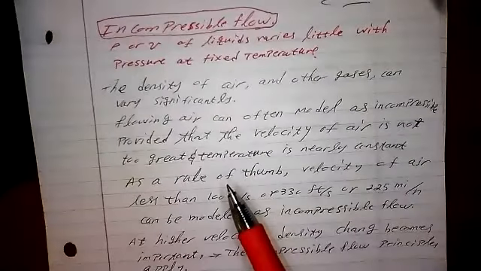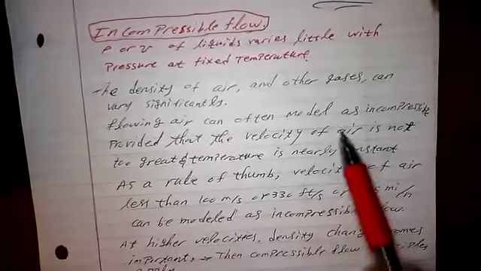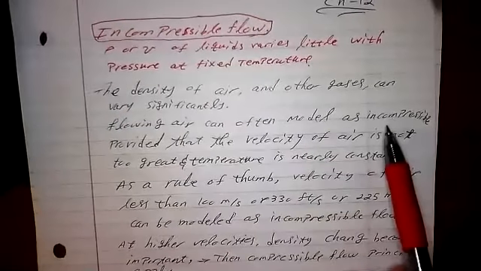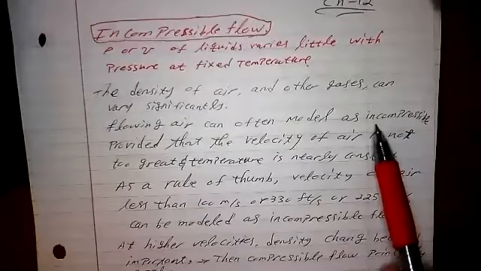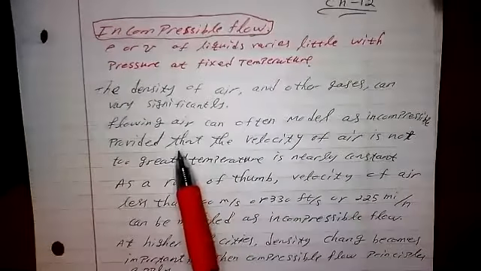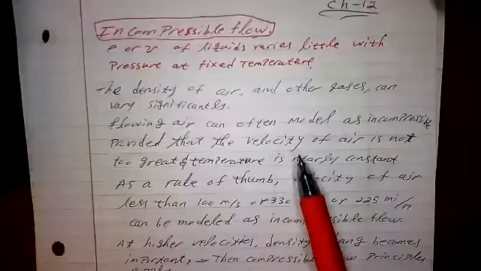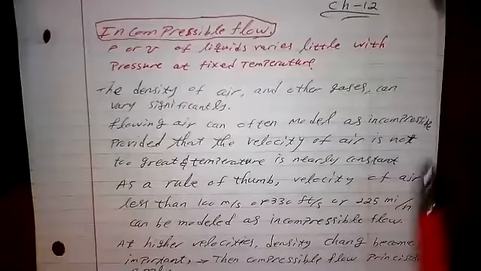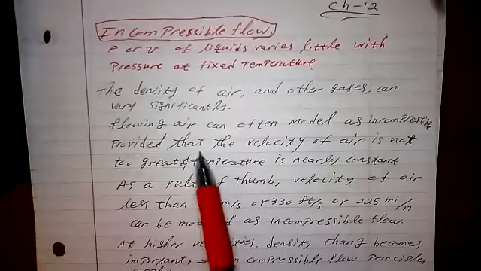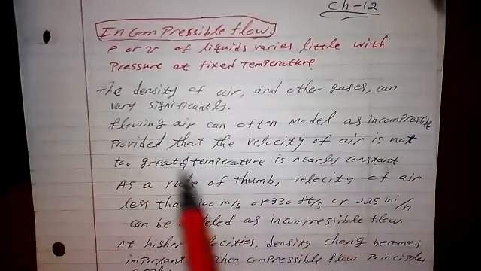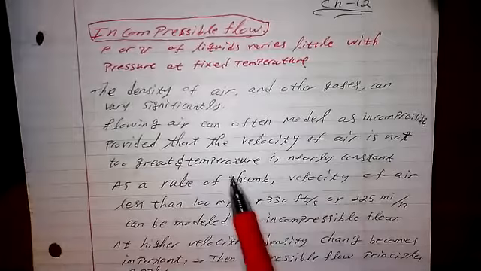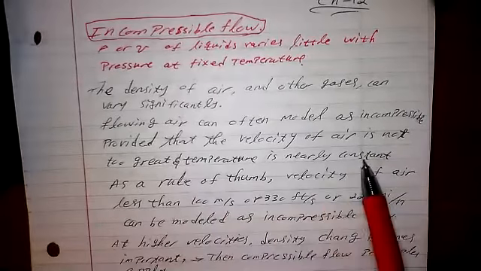Flowing air can often be modeled as incompressible. Just pay attention to this part here when trying to prove the Bernoulli law or Bernoulli equation. When the air is flowing, it can often be modeled as incompressible, provided that the velocity of air is not too high and temperature is nearly constant.